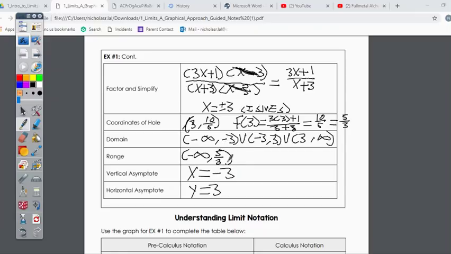Union, then 5/3 to 3, union, and that's because we have our horizontal asymptote at 3, and then union 3 to infinity. So you can also look at this just by looking at the graph, seeing why the domain and the range are where they are.